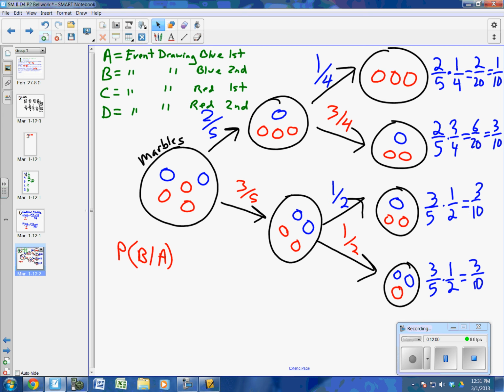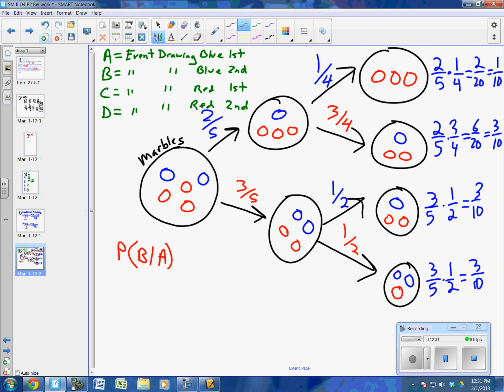What's the probability of B given A? That's right. Blue first and blue second, so it's 2 and 1, which is 1/10, right? Okay, good.